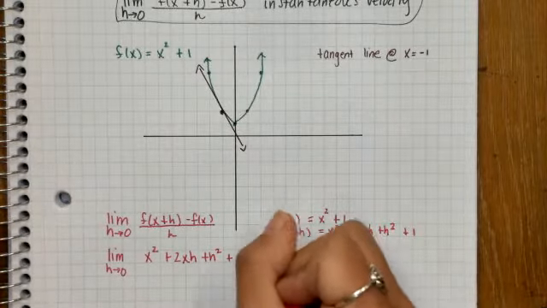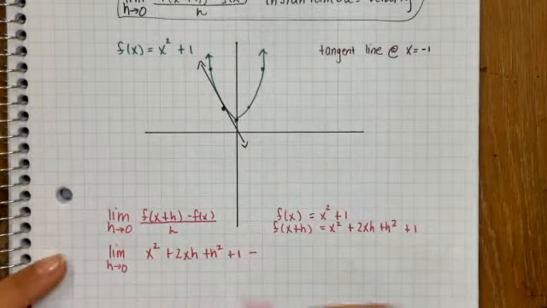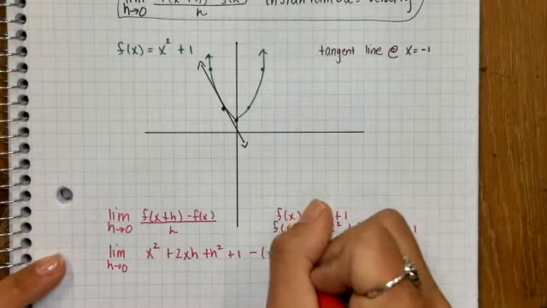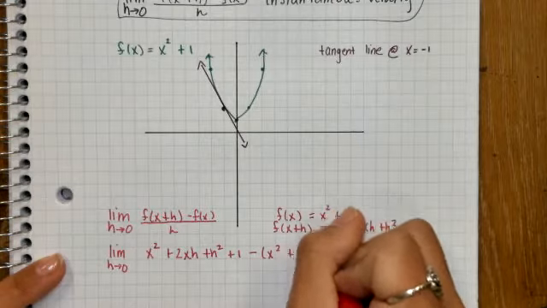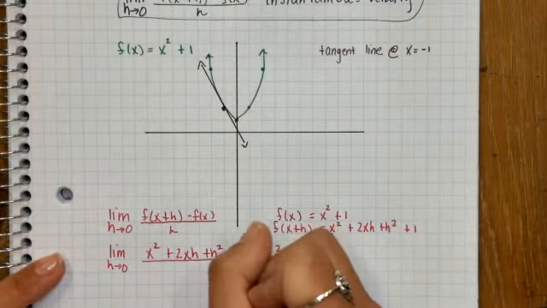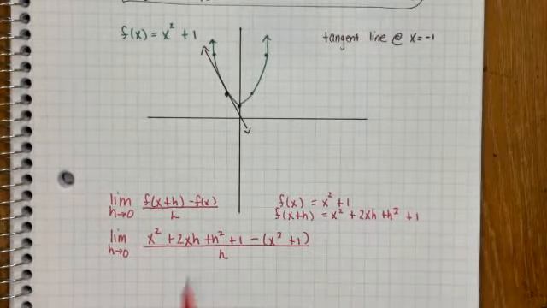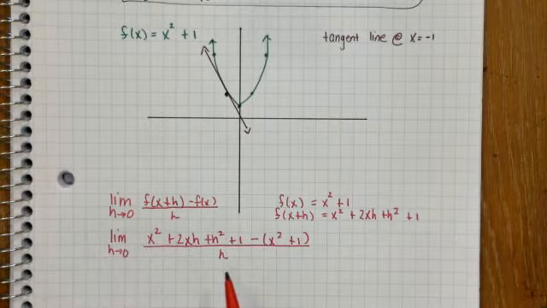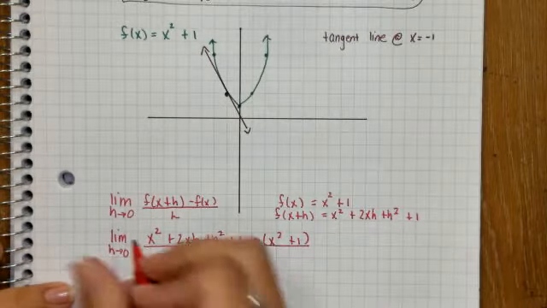Be careful with the subtraction, minus the quantity of f of x, so that's x squared plus 1. And if you'll recall, at some point this h in the denominator has to reduce out. If it doesn't, you can't just plug in 0 to the denominator. It's a problem. We have to somehow get rid of that h. So hopefully something's going to factor and reduce.